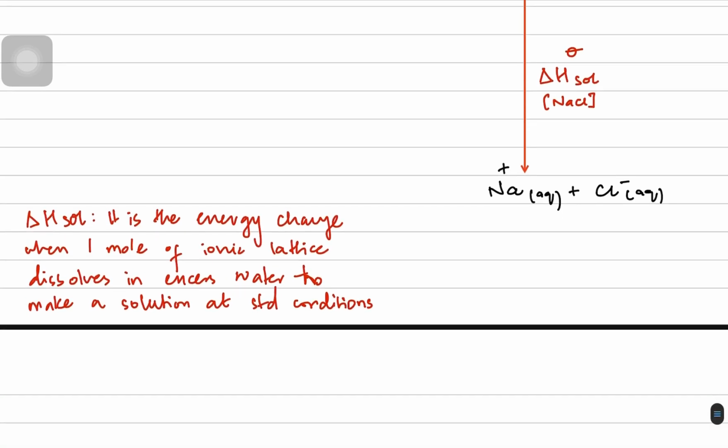STD, I know what you're thinking, it is standard conditions. It's the energy change when 1 mole of ionic lattice dissolves in excess water, making a solution at standard conditions.